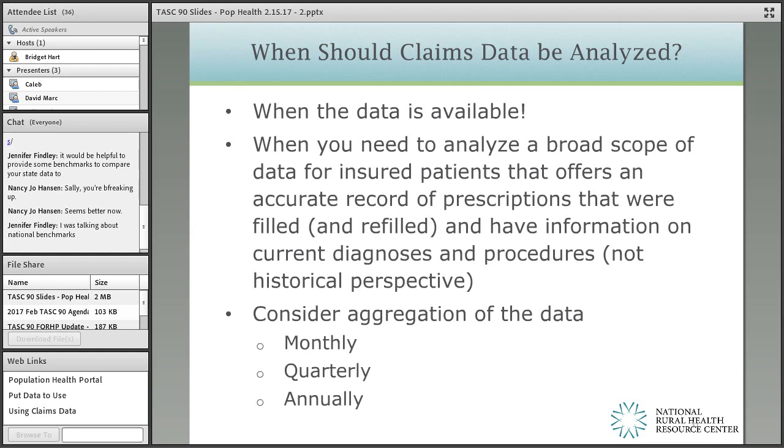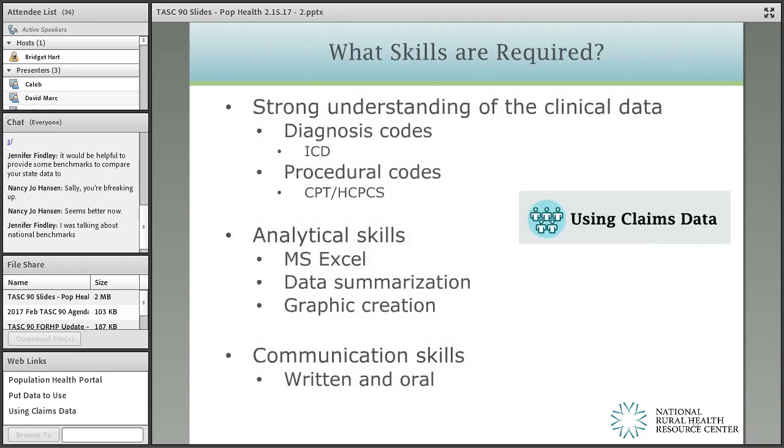MedPAR is another example, which is the Medicare Provider Analysis and Review data. However, this only includes inpatient data that is disseminated by CMS, so it may not be as relevant across critical access hospitals. There are fewer critical access hospitals included here, but what's interesting about the data is that it does include 100% of the Medicare beneficiaries using hospital inpatient services, yet that entire data set is not easily accessible.